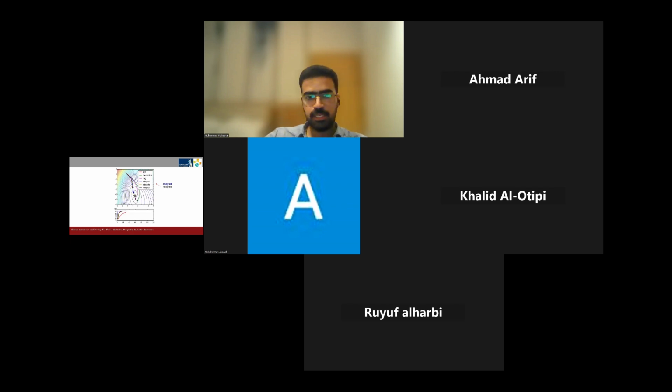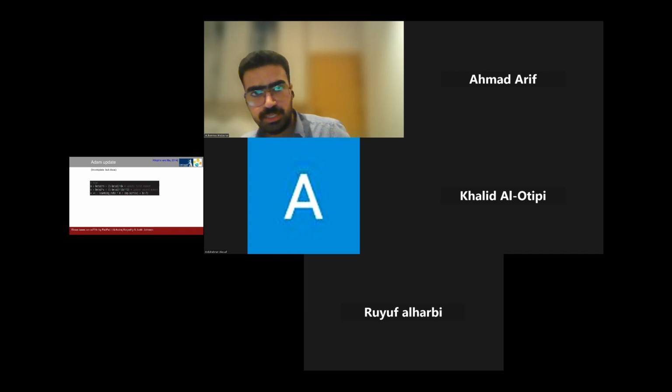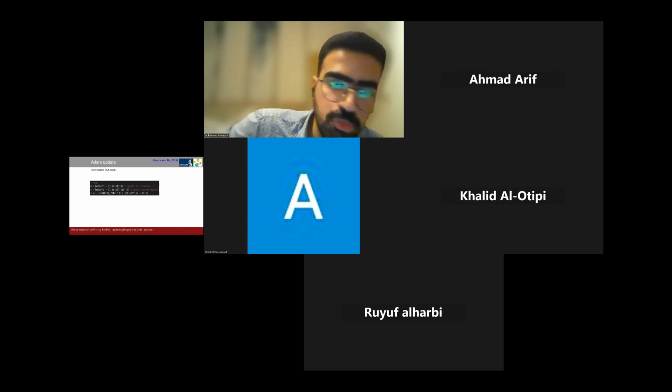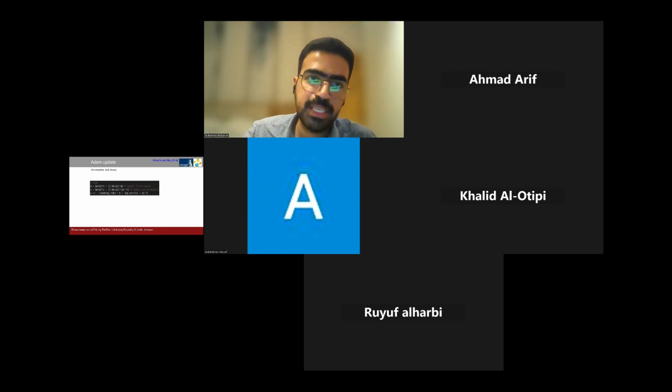Okay, let's move on towards one other optimizer, and this is actually one of the very common optimizers mostly used, and this is called Adam. You can think of Adam as merging both the momentum and the Adagrad. So we have two terms. The first term is this m term, with a coefficient called beta 1, and this is similar to momentum. Then we have the second term v, which works something like a cache.